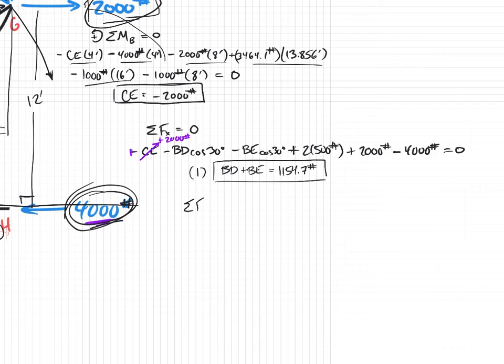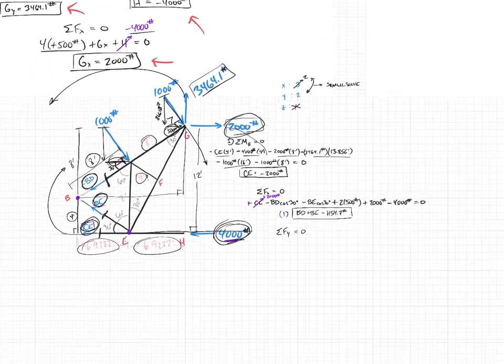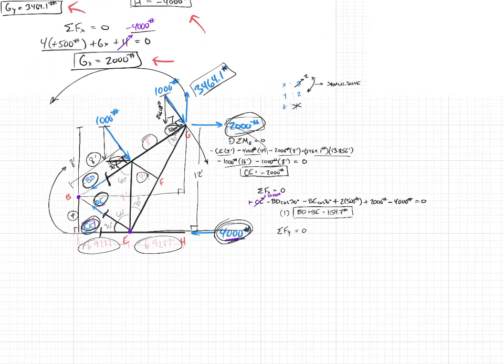Okay, so I'm going to do the sum of forces in the Y direction equals 0. And we're just going to start plugging away. I'm not exactly sure where to plug away. Maybe I'll use purple for this. So I'm going to start by doing these negative 866.03.